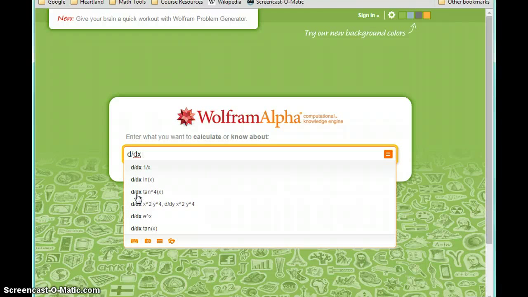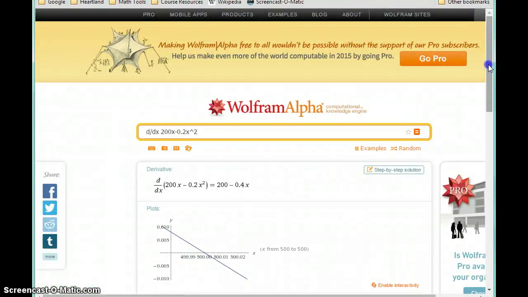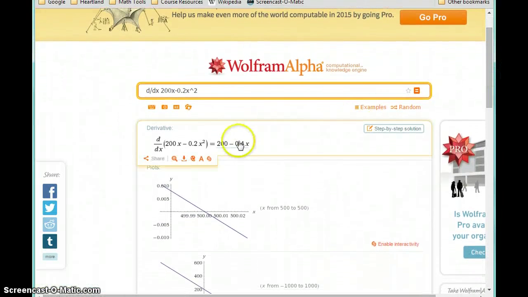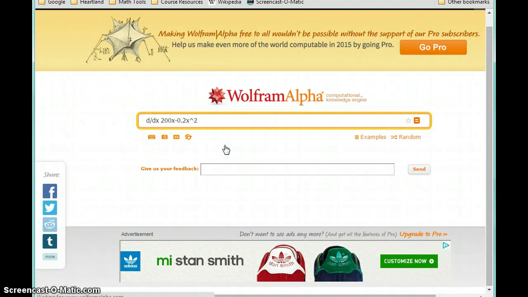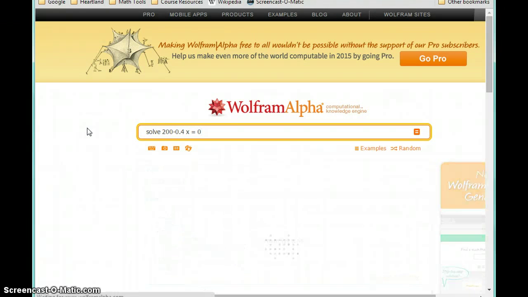So this would mean taking the derivative of 200x minus 0.2x squared to get our marginal revenue function of 200 minus 0.4x, and then to find where our function has a horizontal tangent line, we'll take that derivative function, set it equal to 0, and solve for x.